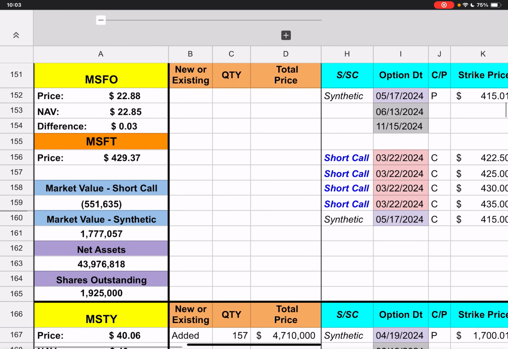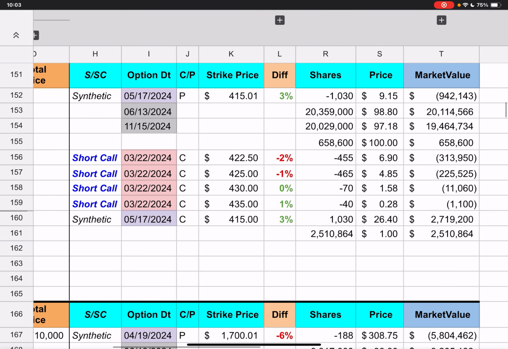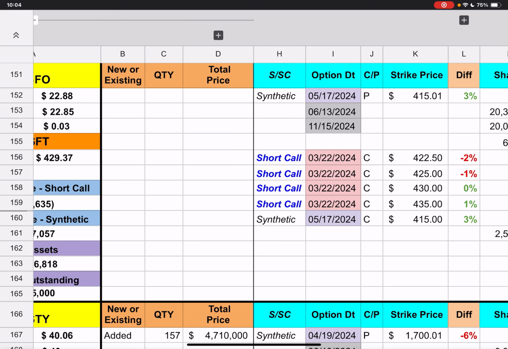MSFO closed at 22.80. Microsoft closed at 429.37. We have no trades to go over. We have four short calls that expire tomorrow. Strike prices 422.50, 425, 430, 435. So we are right there between them all.